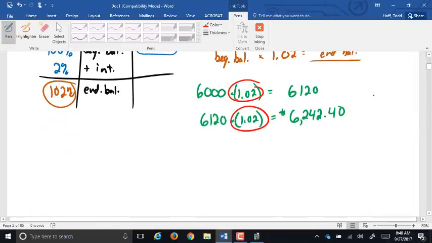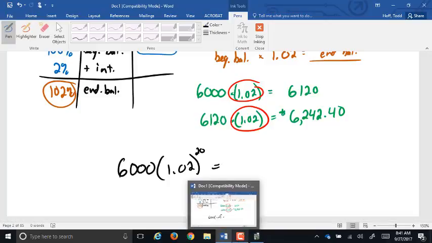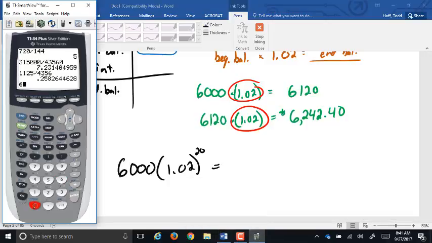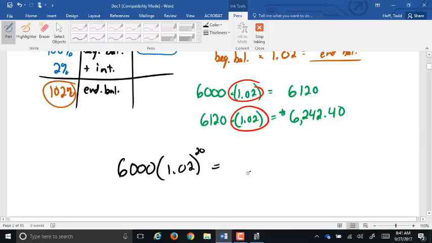Well, in math, do we have a shortcut for multiplying by the same thing over and over again? Yeah, powers, exactly. So what we can do is just 6,000 times 1.02 to the power of 20. That's $8,915.68.